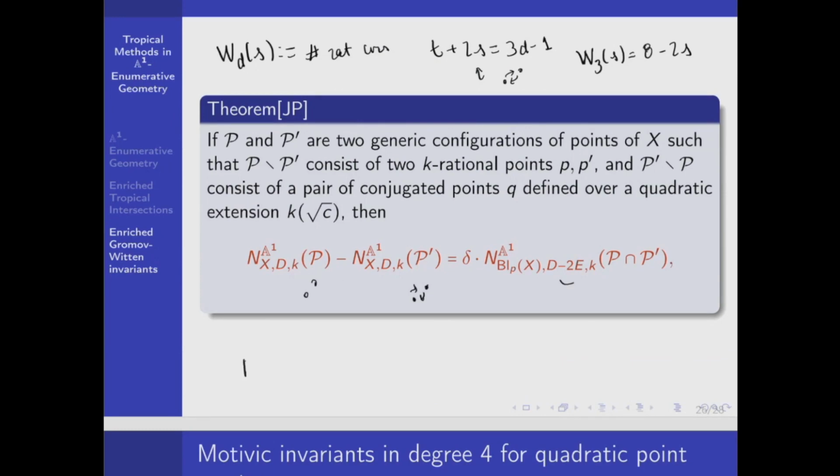This will tell us that the A1 invariant, say, of D in Pi plus 1 is the A1 invariant in Pi plus delta, and then the invariant in D minus 2E of the blow-up. So let me put this for the blow-up, Pi.